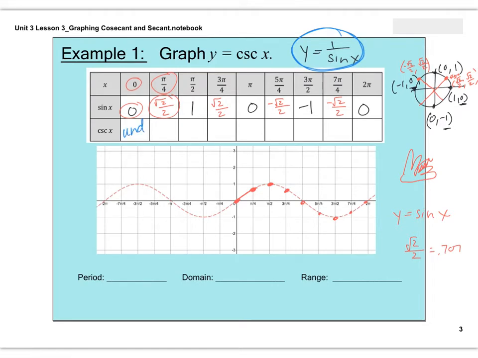Next one, we're going to take 1 over root 2 over 2. Well, remember, you have to get this off the bottom of the fraction, so we're going to multiply by 2 over root 2, the reciprocal. We're going to wind up with 2 over root 2. Can't leave a root on the bottom, so we got to rationalize the denominator. So we end up with 2 root 2 over 2, but the 2's cancel out, so we end up with square root 2.